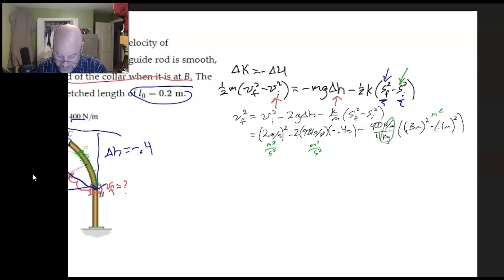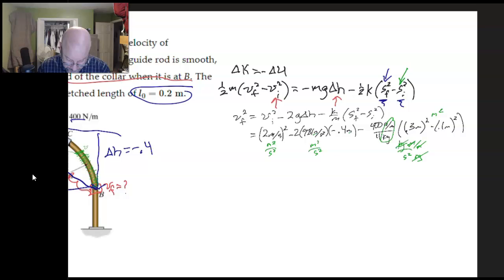If I can get the rest of this to turn into 1 over second squared, I'm in good shape. So a newton is a kilogram meter per second squared. That's good. But it's a newton per meter, so my meters are going to go away. And it's per kilogram, so I got a kilogram down here, so that's going to go away. Now I got my meters squared on top and my second squared on the bottom. So it's going to work out just fine.